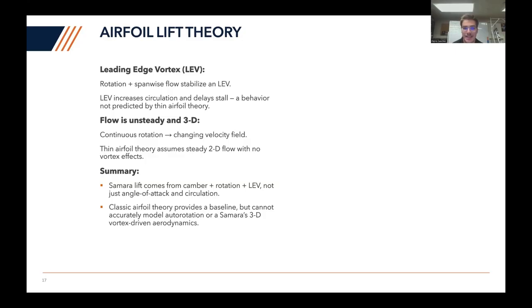Additionally, the flow is unsteady and 3D, which causes continuous rotation, which results in a continuously changing velocity field. And the thin airfoil theory assumes steady 2D flow, with no vortex effects. In summary, the classic airfoil theory gives us a great baseline on how a wing generates lift, but ultimately it cannot accurately predict the Samara's 3D vortex-driven aerodynamics.